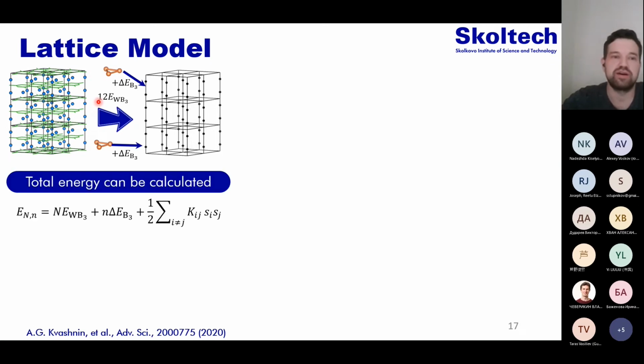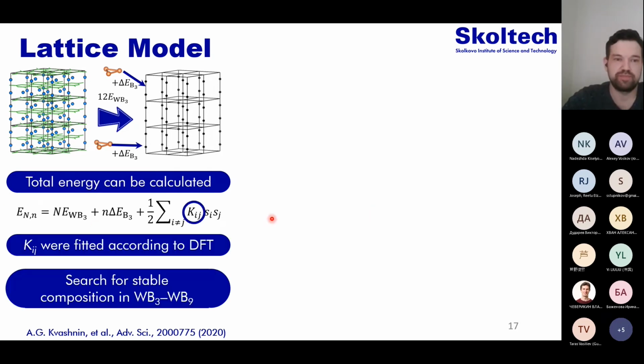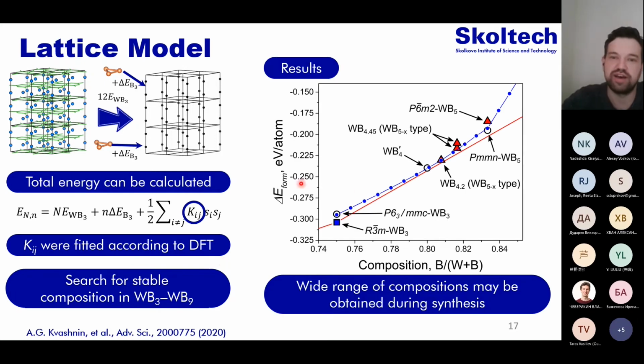Thus we can calculate the total energy using a simple empirical formula where the interaction coefficients were fitted according to several hundred DFT calculations, and we can do a brute force search for stable compositions from tungsten boron 3 to tungsten boron 9. So we checked several million structures, and we can easily calculate the convex hull, which is shown here.